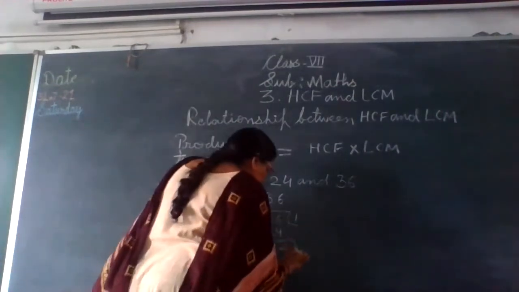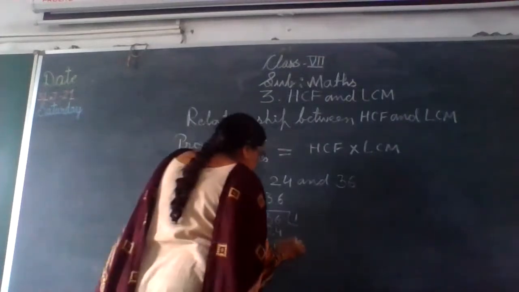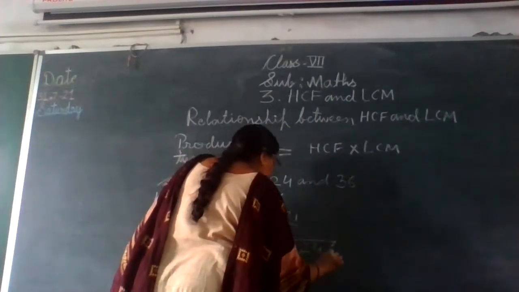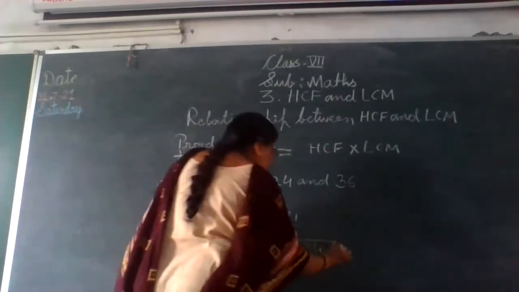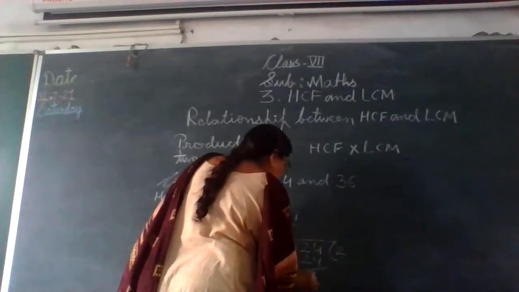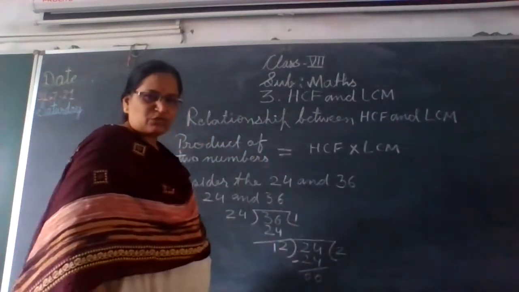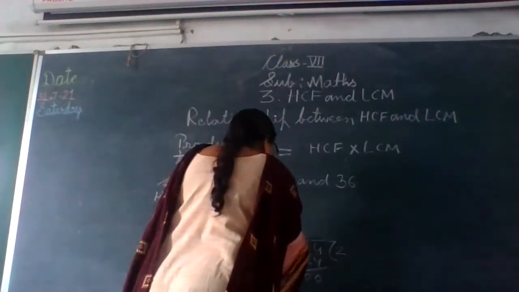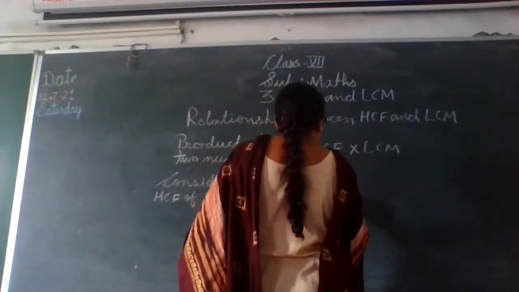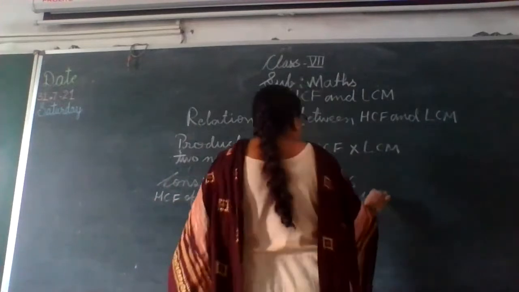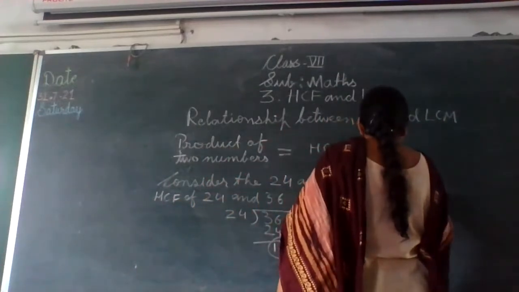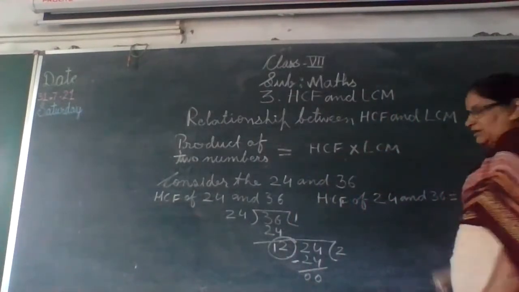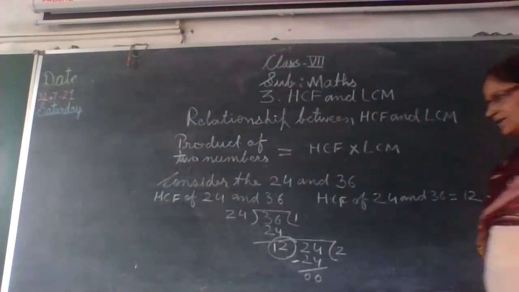Now it becomes the divisor, and the first divisor becomes the dividend. 12 twos are 24, and here the remainder is 0. That means what is HCF? HCF is the divisor. So 12 is the HCF. So HCF of 24 and 36 is equal to 12.